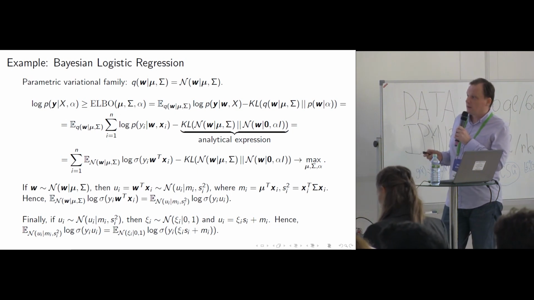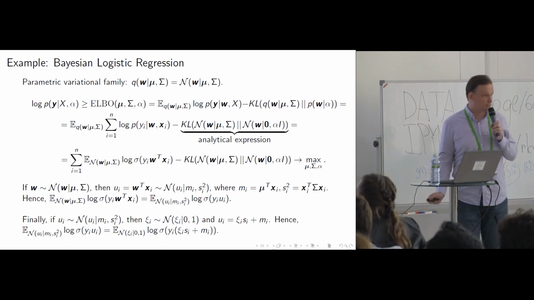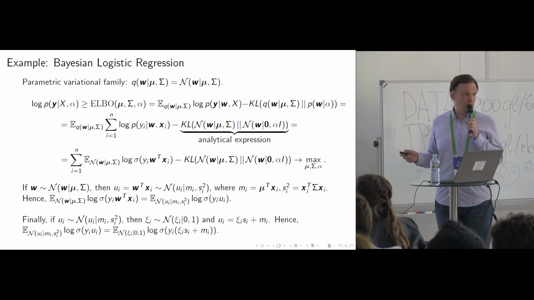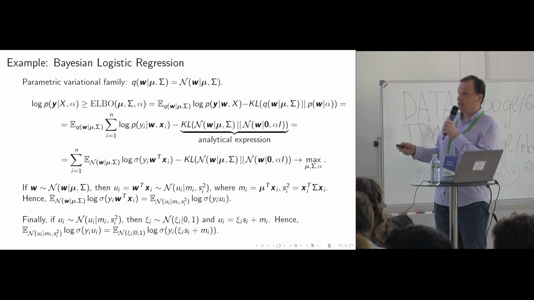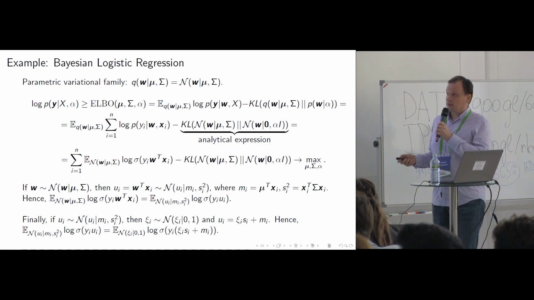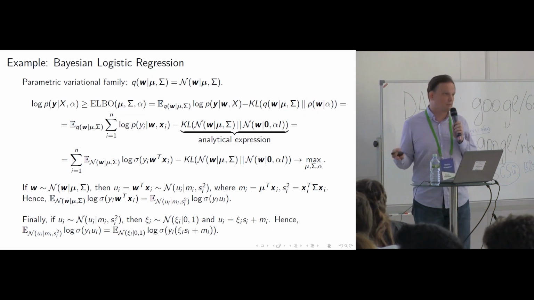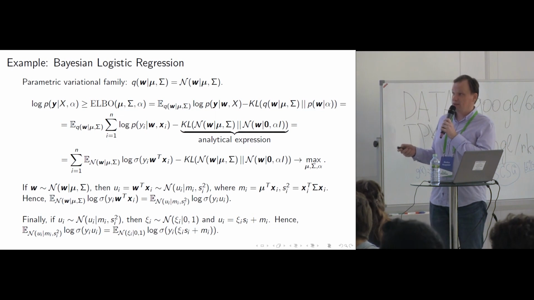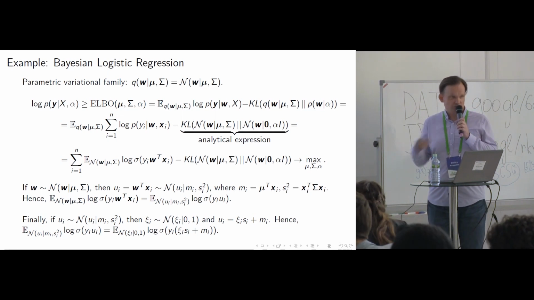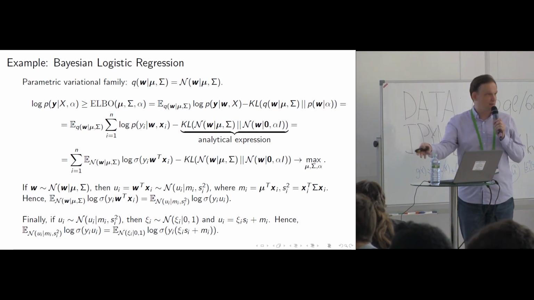The first note is the following. Here, the function depends on W only through this linear combination. So here we have a multidimensional distribution with a huge number of dimensions, and here just a real value. And it is easy to show that if some variable has a multidimensional normal distribution, then its linear combination with some fixed weights, being a sum of normally distributed random variables, is again normally distributed.